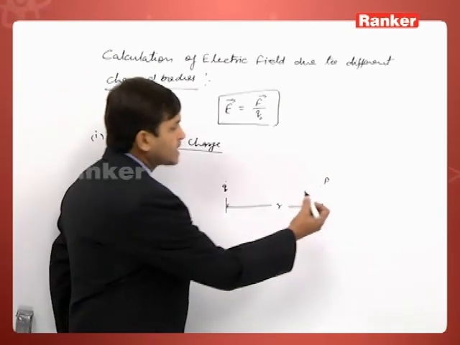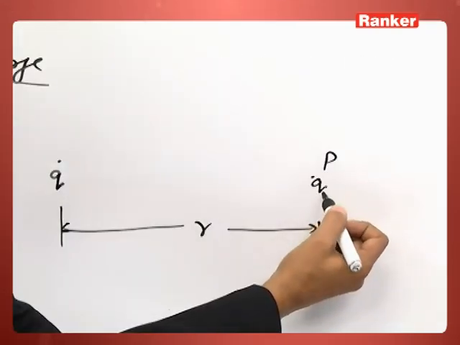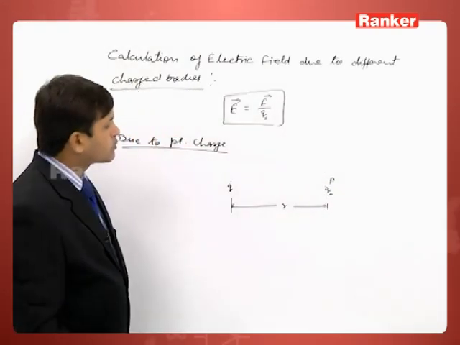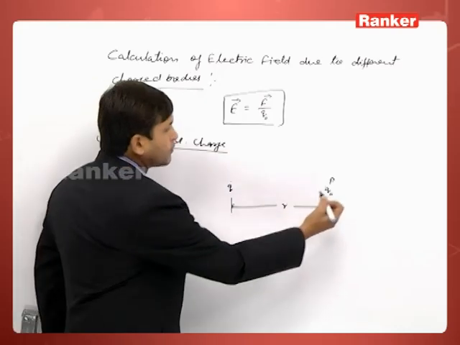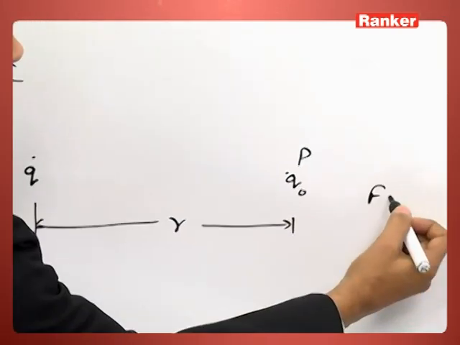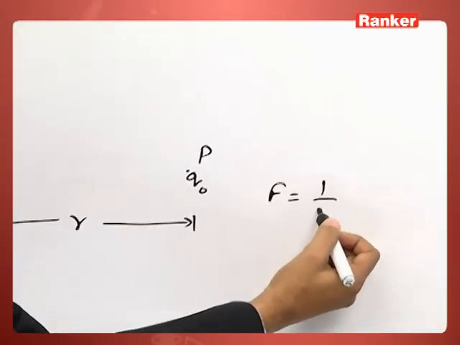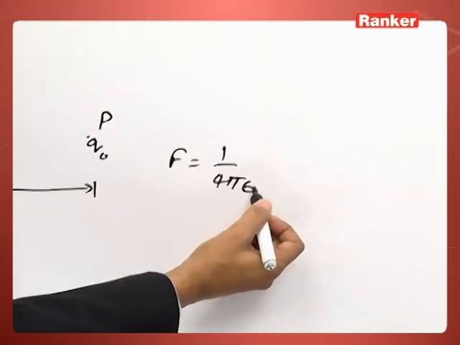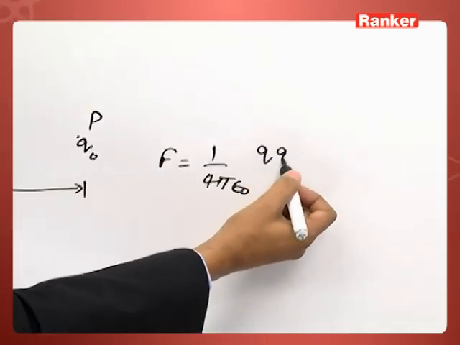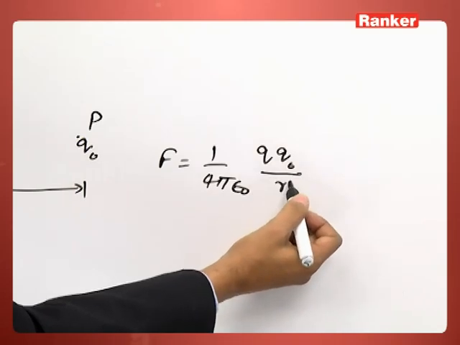If I put a test charge Q naught here, then according to Coulomb's law, the force on the test charge is given as 1 by 4 pi epsilon naught Q Q naught by R square.